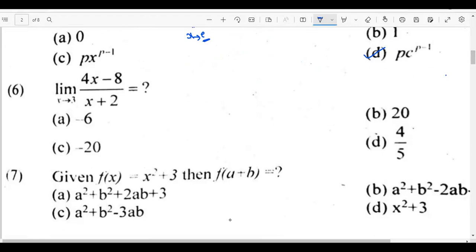Question number 6. 4 into 3, 12. 4 divided by minus 4, minus 1. No option. Please do it again.